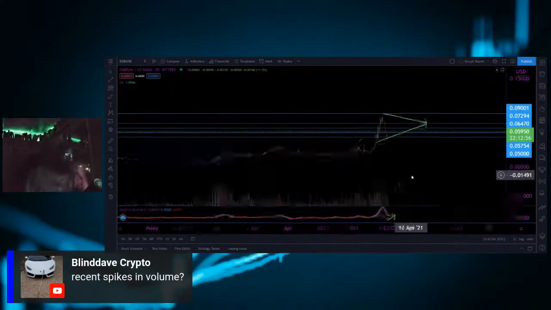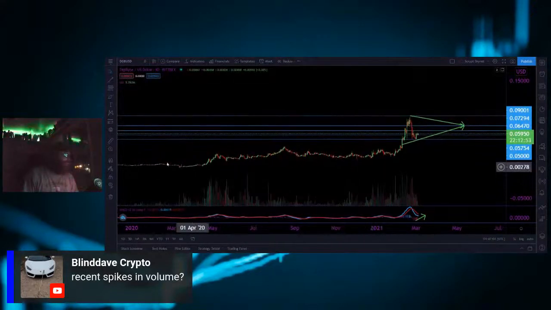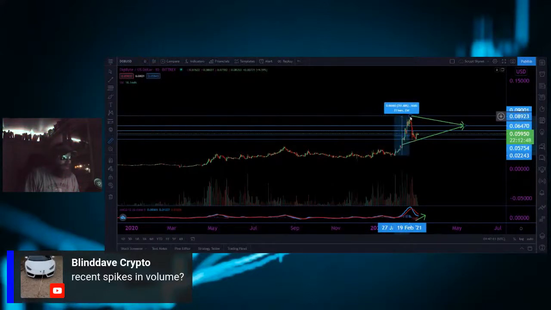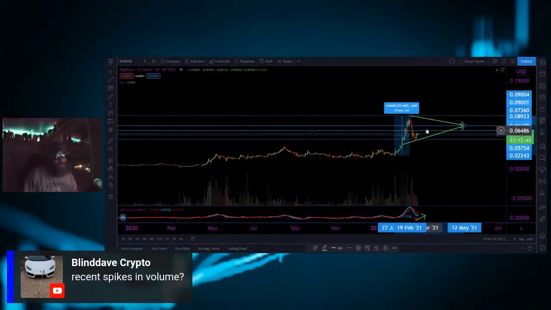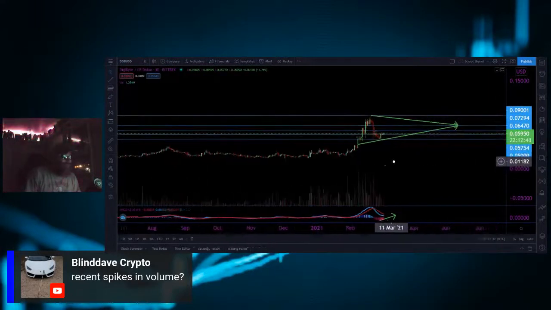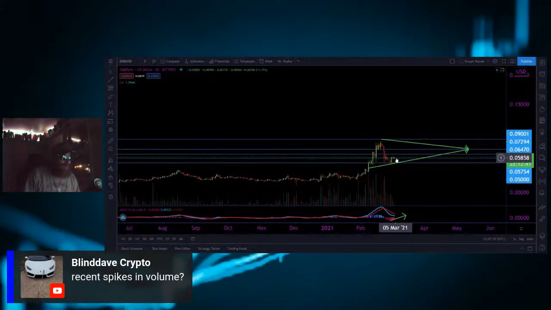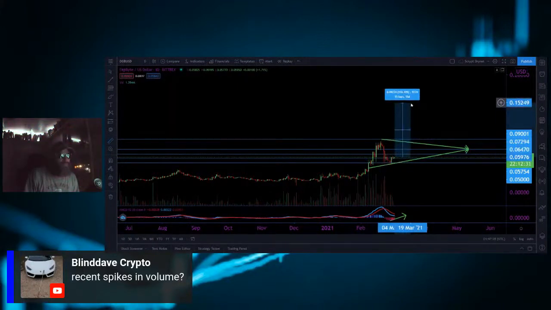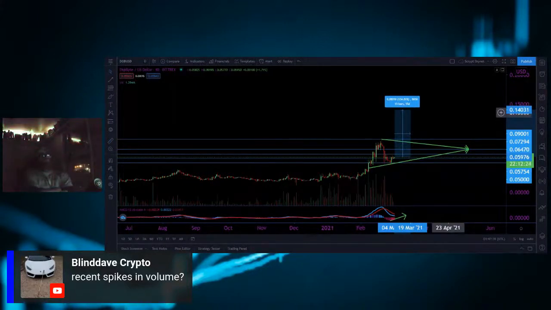People don't even know. From this measured breakout move to here was roughly 300%. But from where we're at right now, which is almost 6 cents, to get back to 14 cents, that's 134%, roughly 130%.